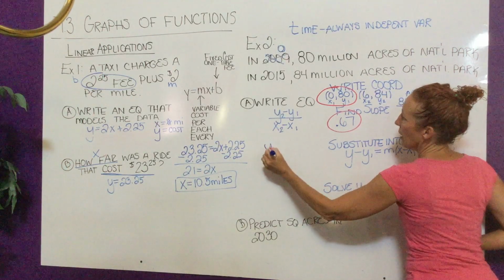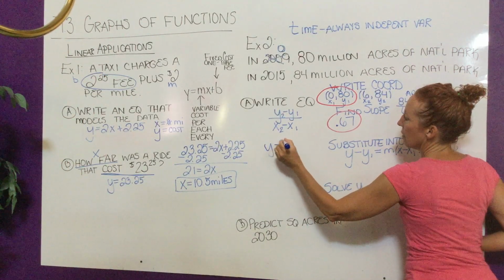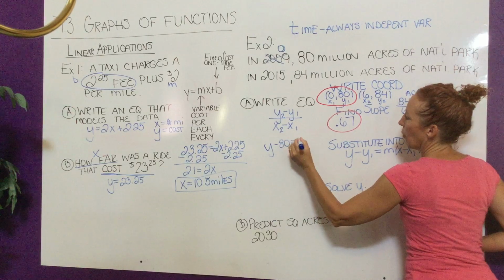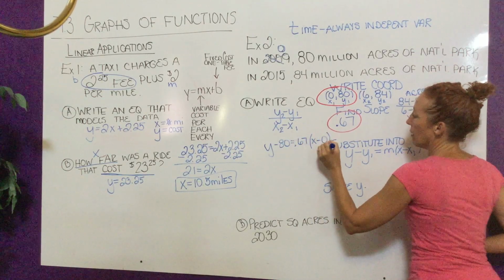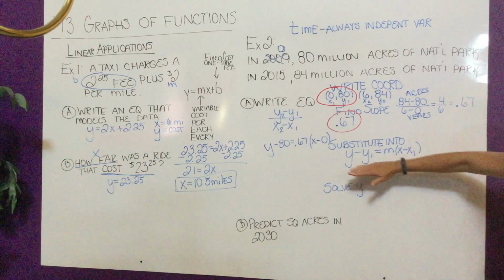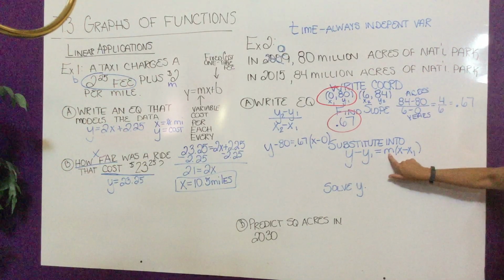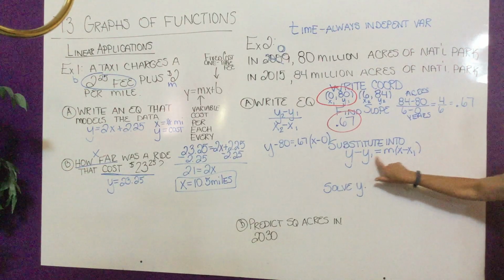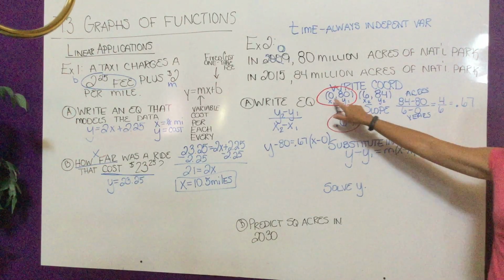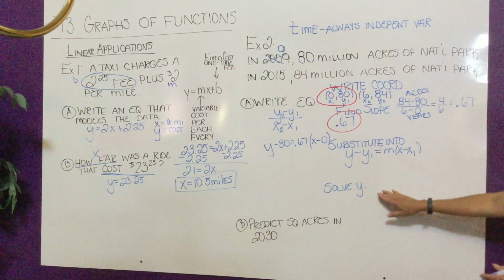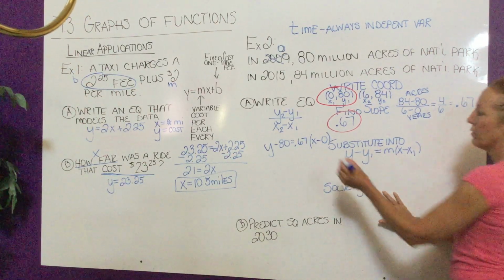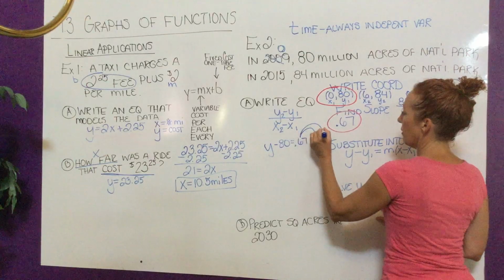So it's going to go y minus 80 equals 0.67 x minus 0. You can match that up to right here. You can see where I substituted right here, right there, and right there for these three variables. Now we just need to solve it for y and we're done. So we're going to multiply this through.